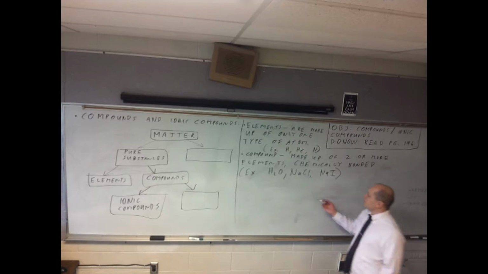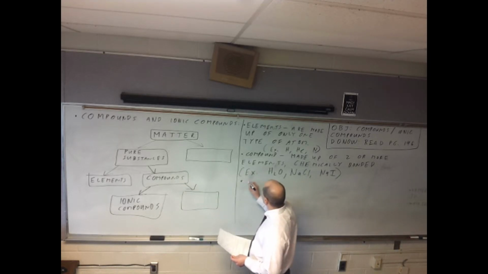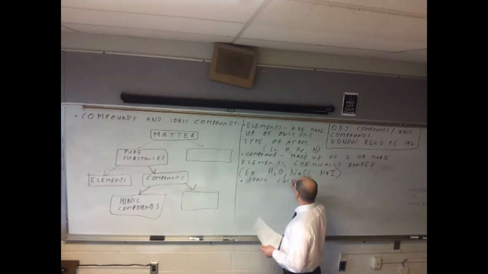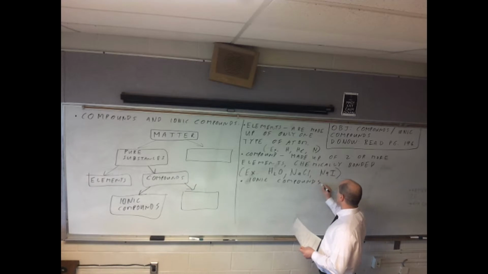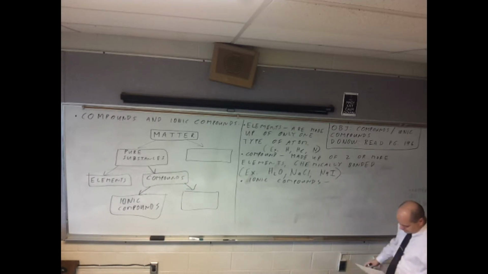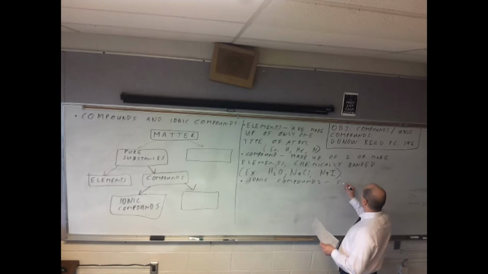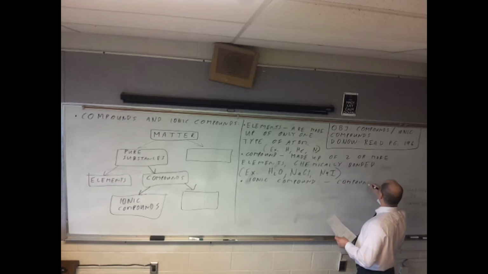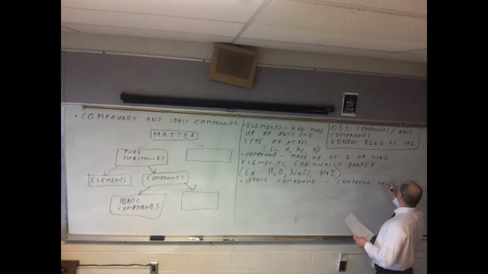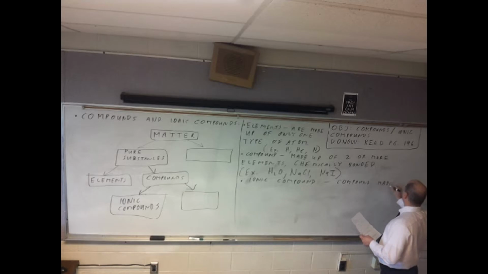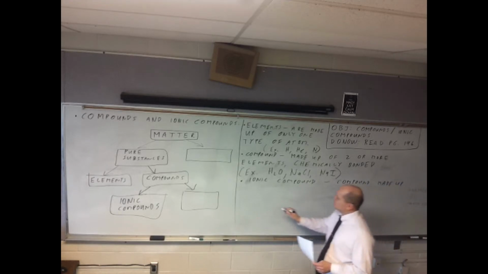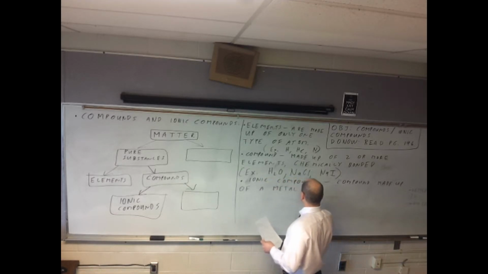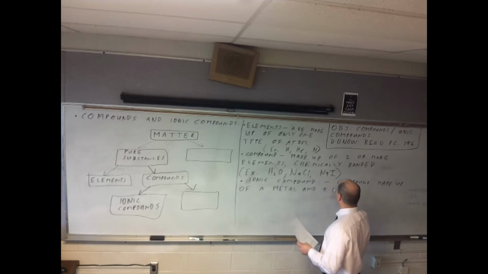Okay, so let's focus on ionic compounds now. Ionic compounds. So this is, let's get rid of the S. An ionic compound is a compound made up of a metal and a non-metal.